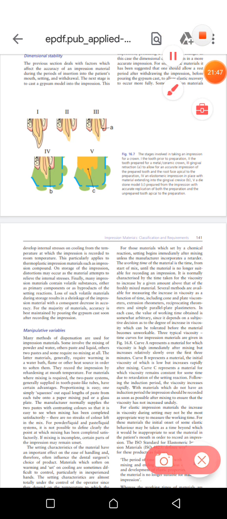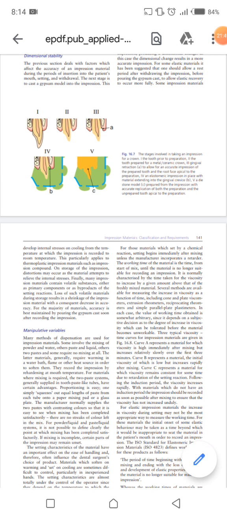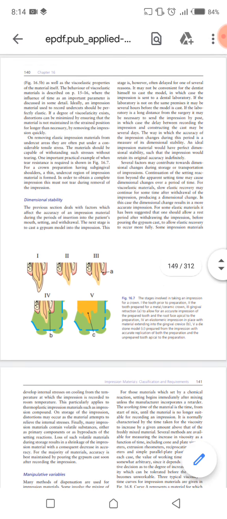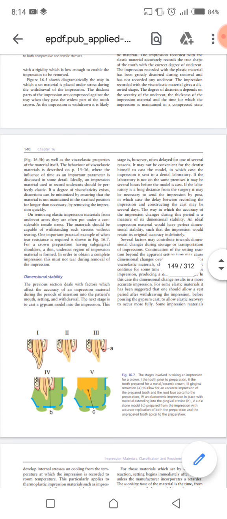So here you can see the way in which the accuracy of the impression changes during this period is a measure of its dimensional stability.